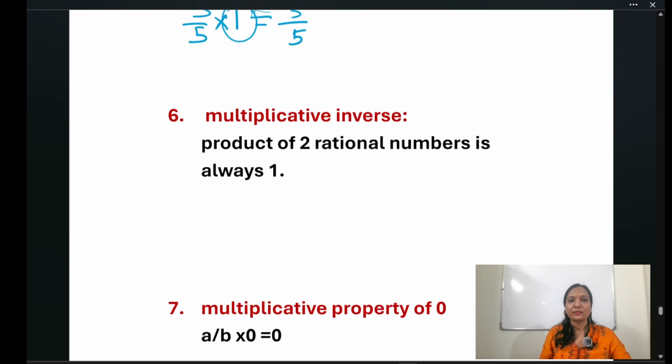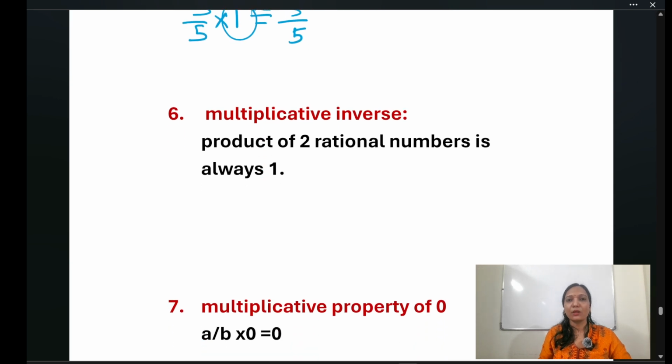Okay. So next come to multiplicative inverse. Product of two rational numbers is always 1. That means I take 4 by 5, what do I have to multiply with it so that the answer will be 1? Can you say? 4 by 5. If we take its reciprocal, 5 by 4, definitely we'll get 1 because 4 and 4, 5 and 5 will be cancelled here.